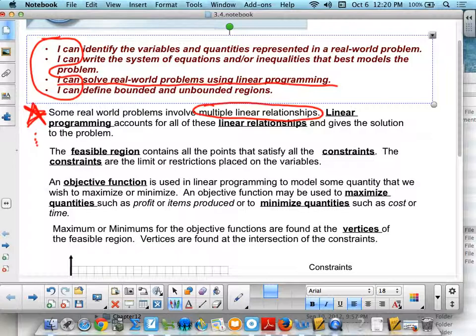So all that stuff they think about, they write equations and they draw lines and lines and lines and lines and they shade. And when they're all done shading, they have this little shaded region, which you can see on the bottom of your notes. It's called the feasible region. The feasible region is where all the solutions are, and their solutions are to make money.